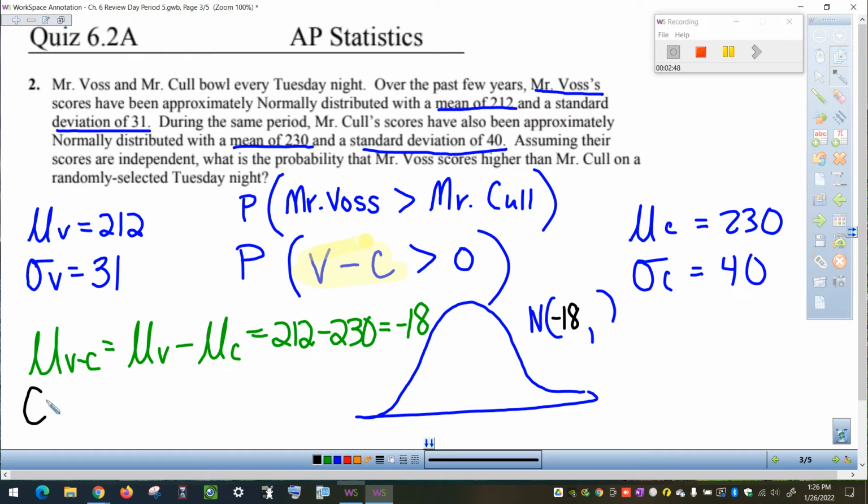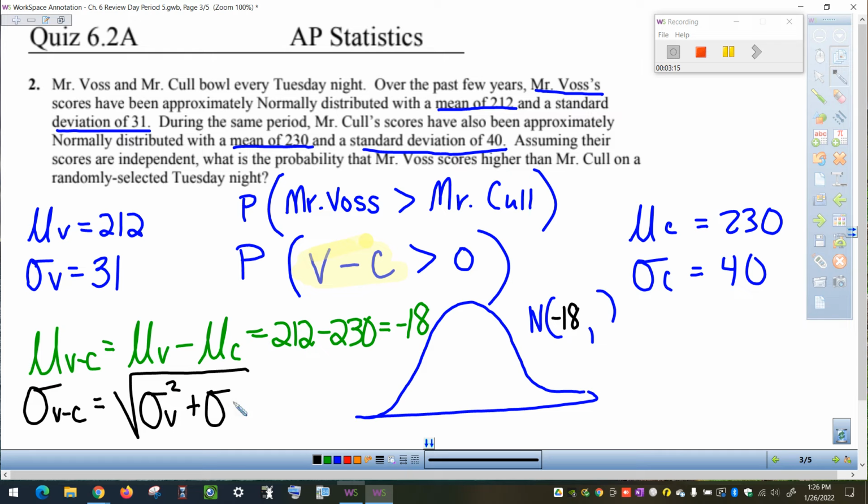Now down here, when we want to find the standard deviation of the difference, remember the little meme with the guy who says one does not simply add standard deviations? Well, also one does not simply subtract standard deviations. This is where we need to instead find the sum of the variances and then square root that. And the thing about this being a difference is that we're still going to add the variances.